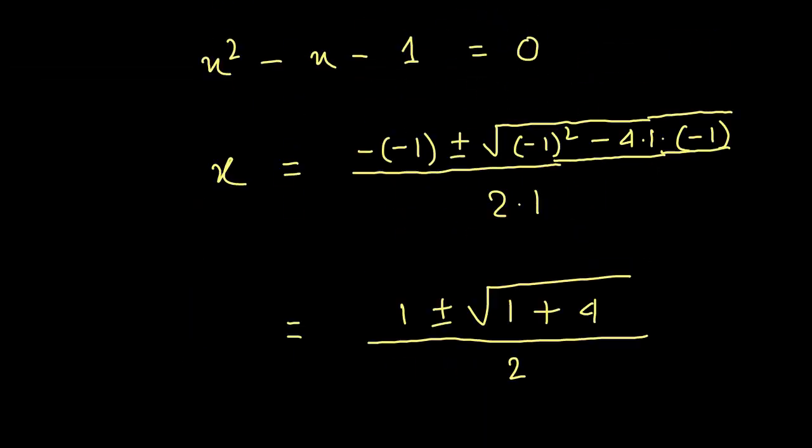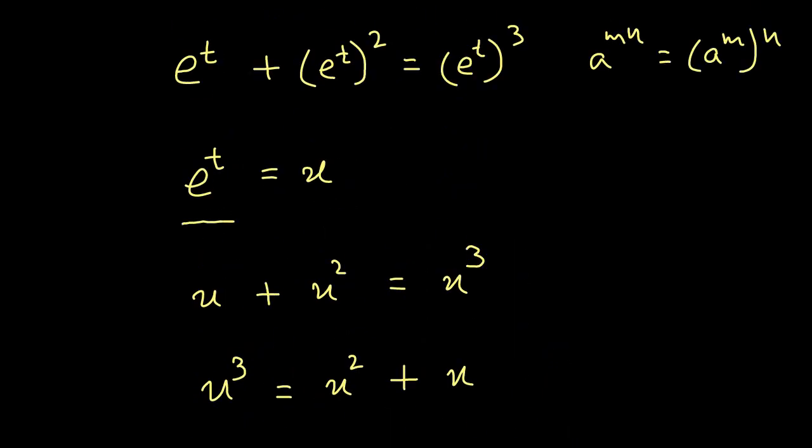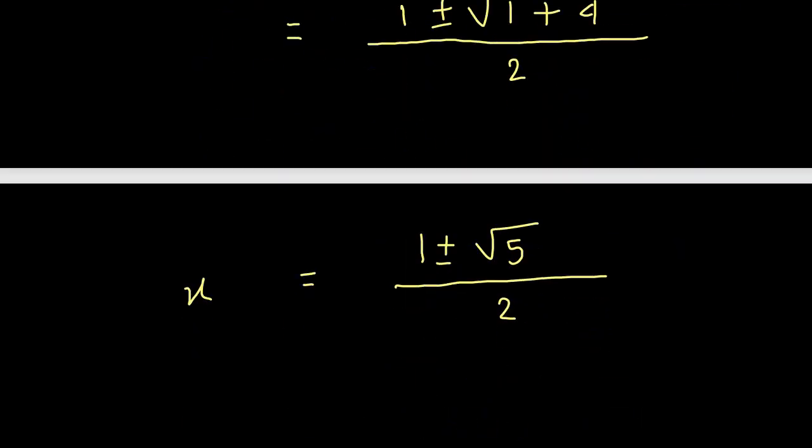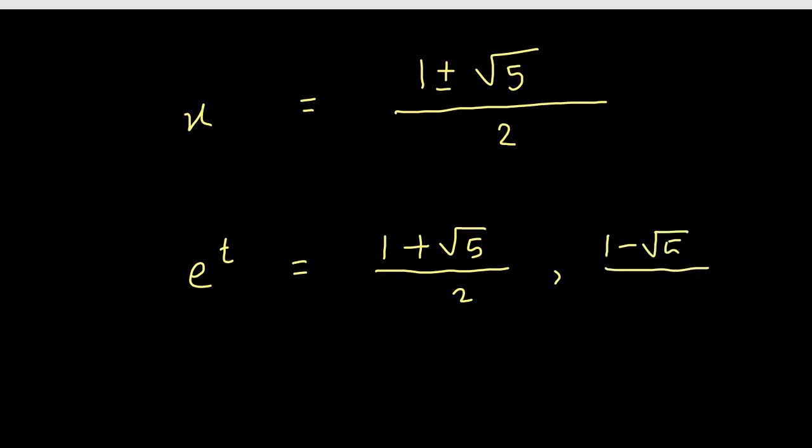But we know the value of x is e to the power t. So we have e to the power t equals 1 plus square root of 5 by 2 and 1 minus square root of 5 by 2.